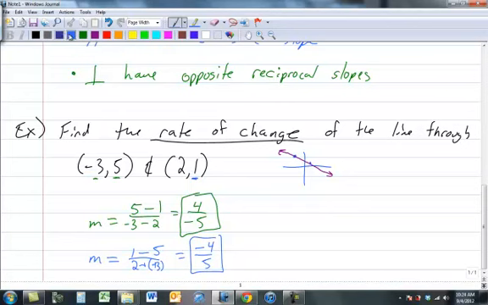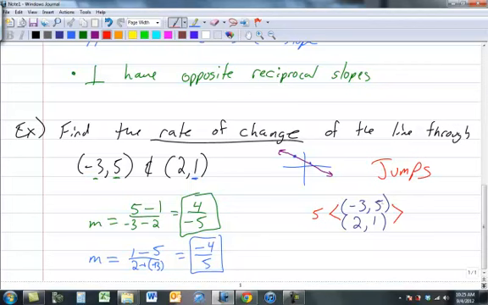I want to show you another way that I recently learned about that I kind of like. What I like to do is take both the points and stack them. So negative 3, 5, and I've got the point 2, 1. And I like to do what I call the jumps. How do you jump from negative 3 to 2? To go from negative 3 to 2, you go up 5.